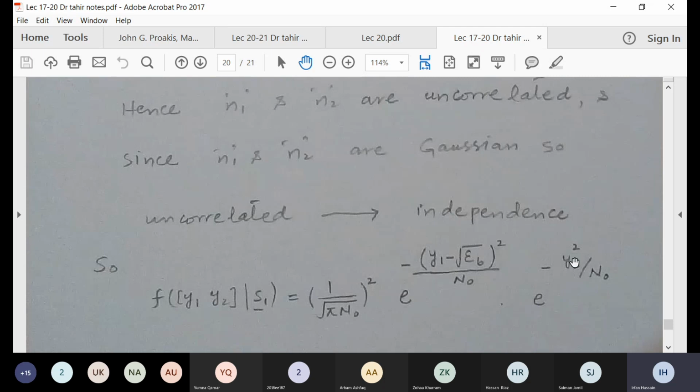For y2 you can see that the mean was 0 and the variance was again N naught by 2, hence it comes out to be 2 N naught by 2 into 2 into N naught by 2, the 2 cancels, and it comes to y2 squared. These terms will be the same for both of them. That is why there will be 1 over root pi N naught for this term, and again 1 over root pi N naught for this term, so they both multiply, and that is why there is a square.